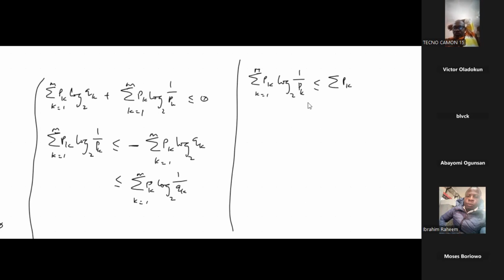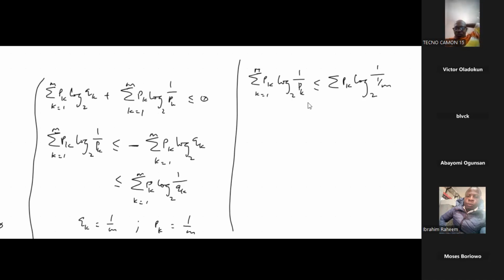Now, but we already know that the q sub k are equally likely, right? The p sub k are equally likely. It's 1 over m, isn't it? From our description, right? So this will be p sub k log 1 over m base 2, right?